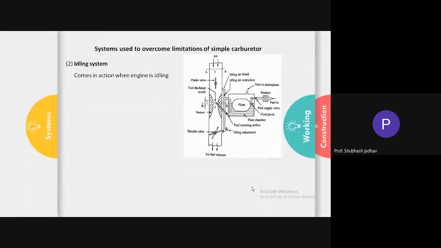So when we stop at the signal, we have the engine running, but we are not moving the vehicle. Okay, so accelerator is at zero position. म्हणजे accelerator zero आहे म्हणजे almost throttle valve is almost closed. Okay, throttle valve is almost closed.